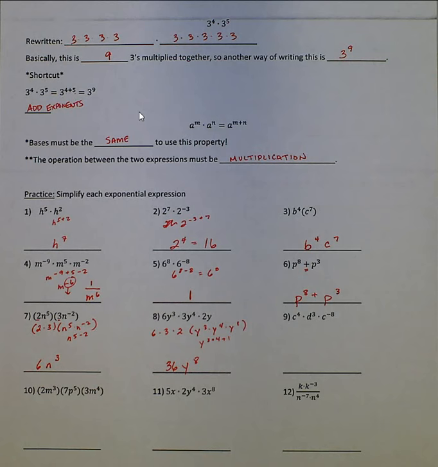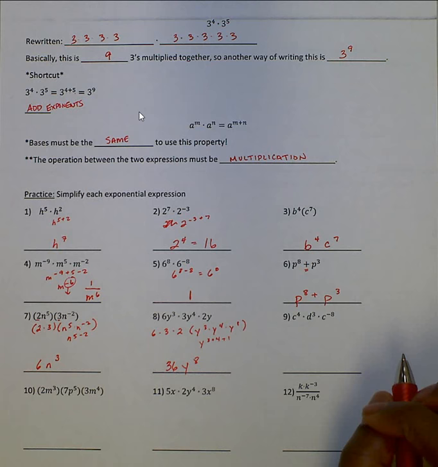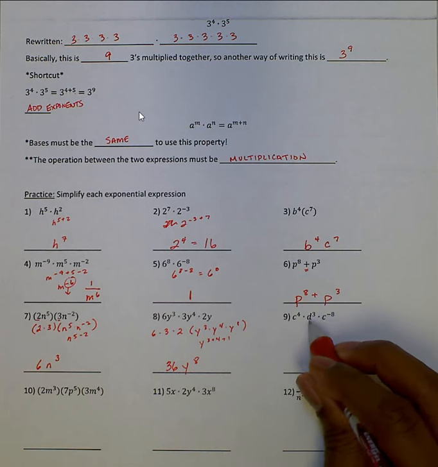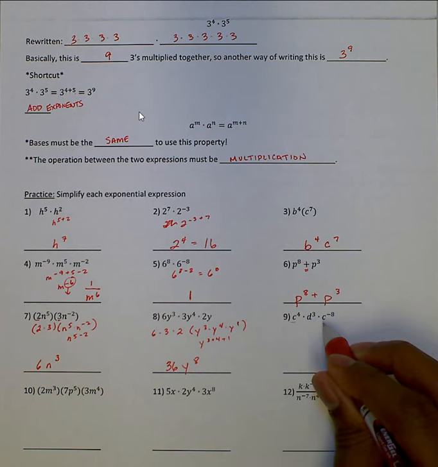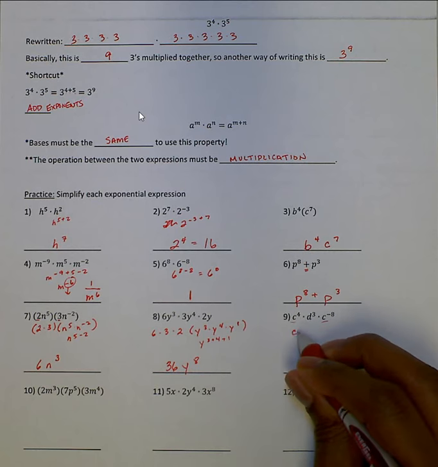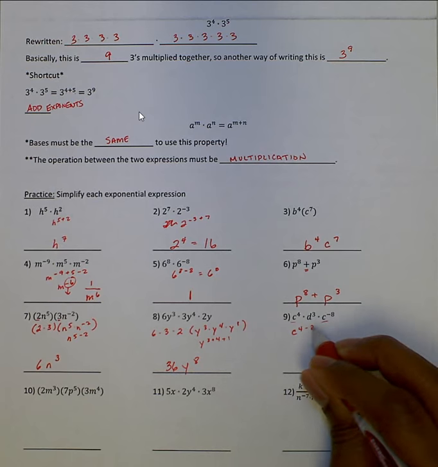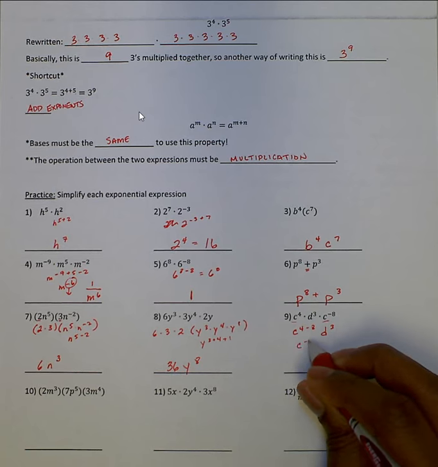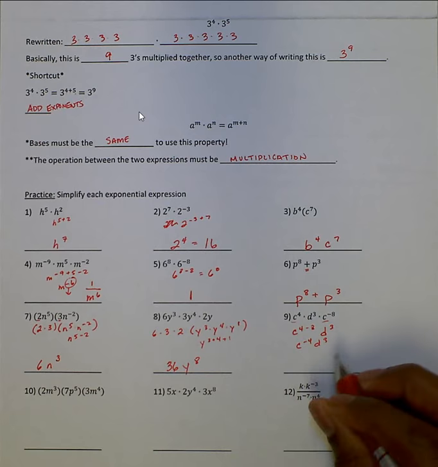Number 9. You'll see that we have C, D, and C, so I want to group these C's together. C to the 4th minus 8, D to the 3rd. So 4 minus 8 is negative 4, D to the 3rd. And so I have a negative exponent.